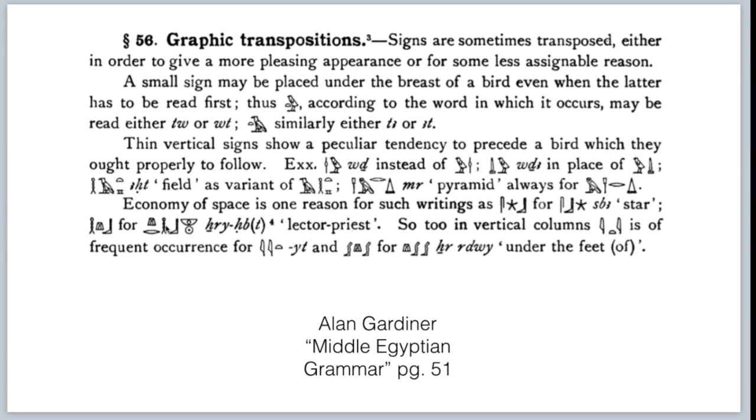Grammar, which is two things, morphology and syntax, is a language domain or phenomenon. It's the rules of a language. Orthography are the rules of a writing system.